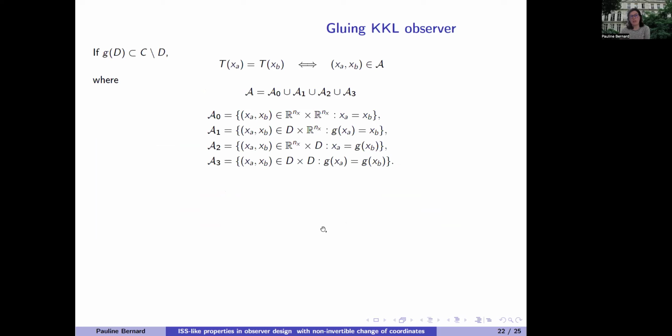And so, in fact, what you have here is a type of injectivity which is not T of XA equal T of XB implies XA equals XB, which is typical injectivity. Here, it is equivalent to XA and XB being in this set, which is either XA equals XB, or XA is a bit behind, so XB is the same as XA but after the jump, or here the contrary, or they are both after the jump.